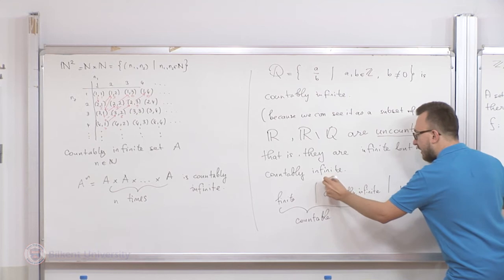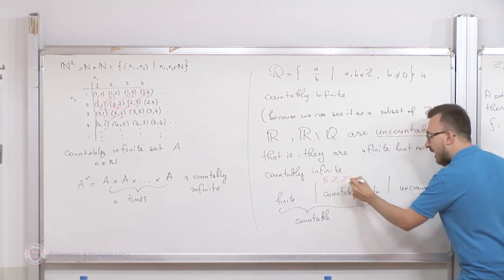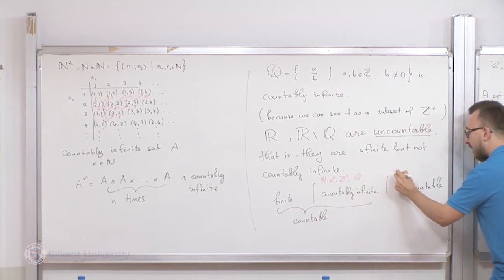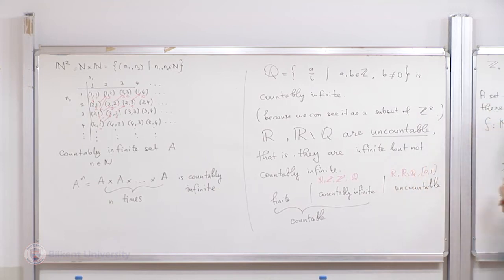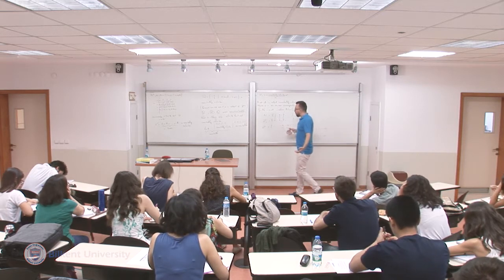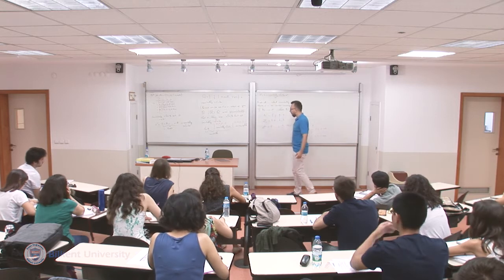For countably infinite sets, we have N, Z, Z squared, Q, etc. For uncountable sets, we have R, R minus Q, the irrationals. For instance, the interval [0, 1] is uncountable. Why? Because there are so many irrationals in it, right? And because of those irrationals, this set is also uncountable.